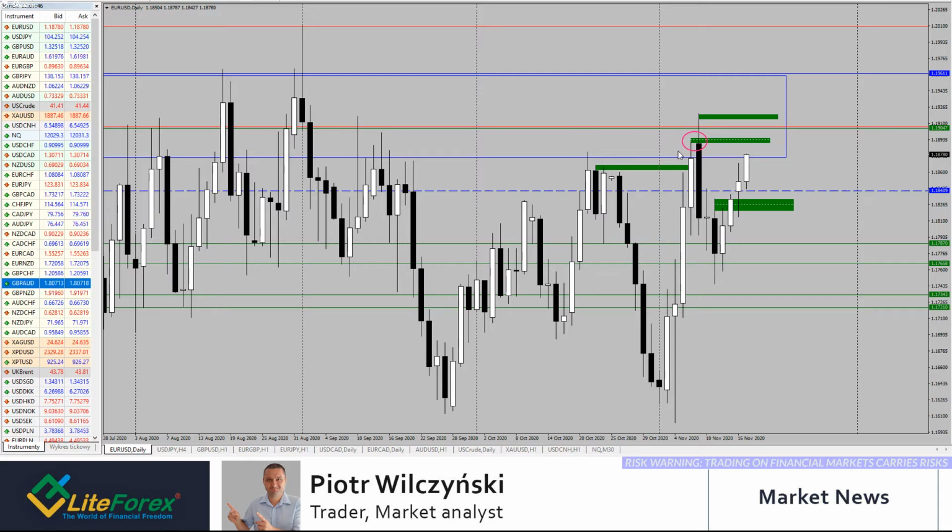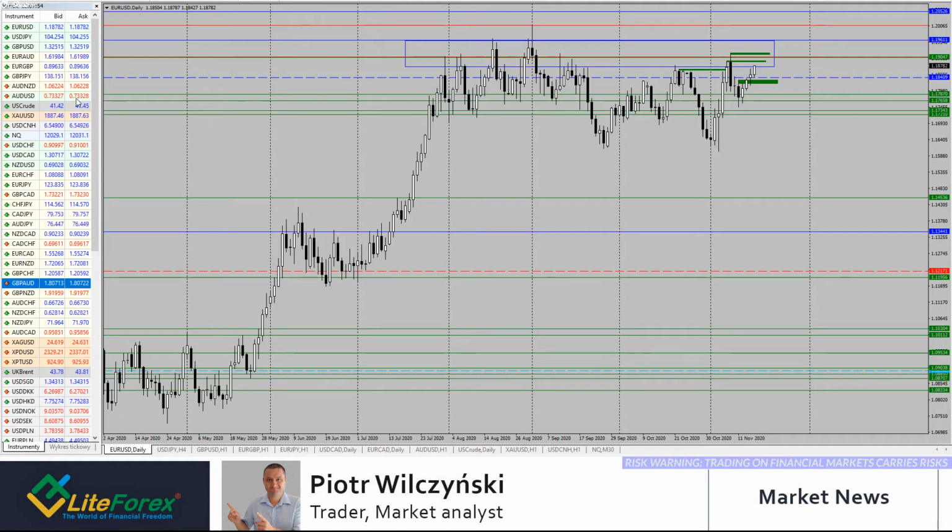This 1.1890, 1.1910, that's a very significant level when it comes to the euro dollar. And when it comes to this attempt to break higher, I'm talking about the levels towards 1.1960, eventually. And if we are going to break above 1.20, then 1.2150, 1.2160 could be the next target.